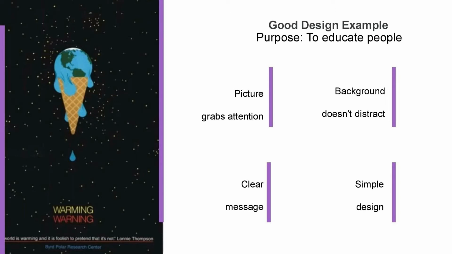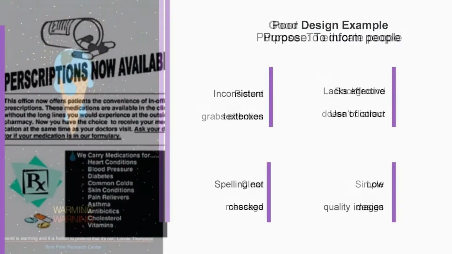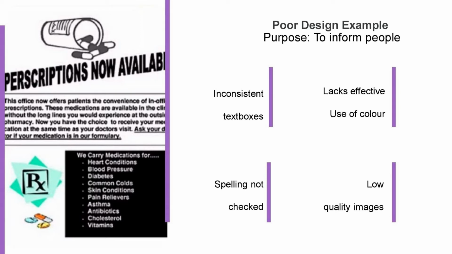clear as this one. Obviously, when you have a good design example, you need to have a poor design example so you can see what we're not aiming for. This poster is hopefully there to inform people, but the text boxes and layout are inconsistent. They're not using the same color. In fact, color overall is a very ineffective part of this presentation.